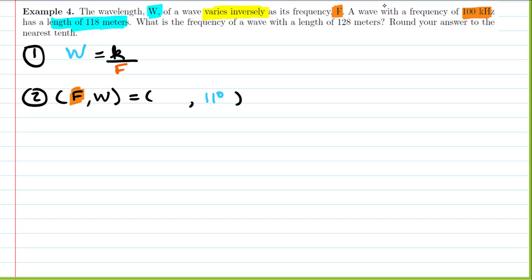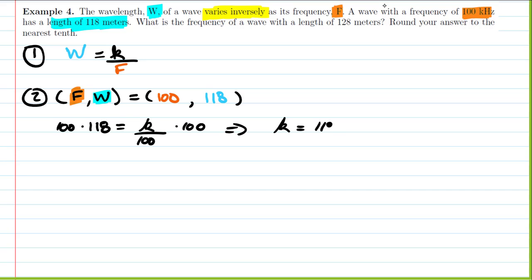So we have our 118 that pairs with 100. And we put those into our equation and solve for K. So 118 is equal to K divided by 100. So we multiply by 100 on both sides, and that gives us K is equal to 11800.